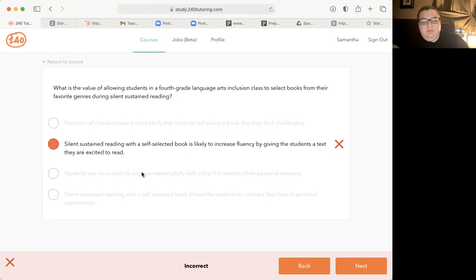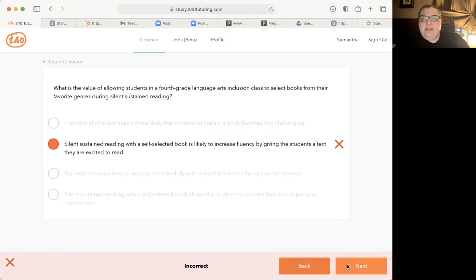That means they'll engage with the questions that are asked about it and all sorts of other things. So that's what I would say. Yeah, I had a lot of trouble with that one. Okay, students are more likely to engage meaningfully with a text that matches their personal interest.